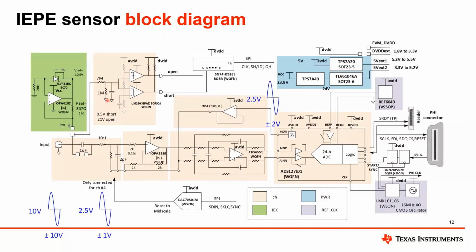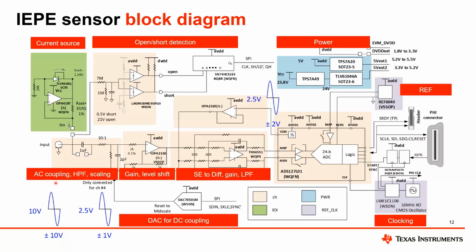On the left, we have our plus minus 10 volt signal passing the cap on the interface, the AC coupling, followed by a 10-to-1 divider after the cap, which implements a high-pass filter and a 10-to-1 scaling. The plus minus 1 volt signal, which is coming after the high-pass filter, is centered around 2.5 volt.